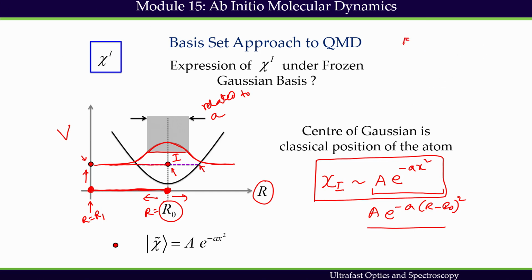The expression for the ultra-fast pulse was E(t) equals A(t) multiplied by e to the power i (omega average t minus k average z). We said that this envelope function can be expressed as some kind of Gaussian function, e to the power minus a t squared, in the time domain.